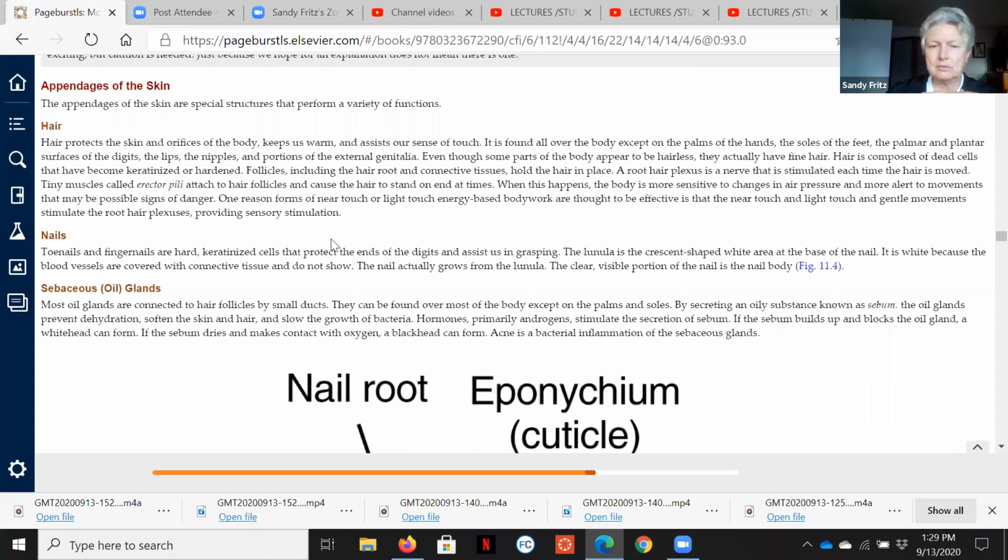Same with the nails, or if the cuticle structure around the nails is not healing very well, if there's been a hangnail, or if the nails are really rough. There are pathologies that show up in these external appendages of the skin.